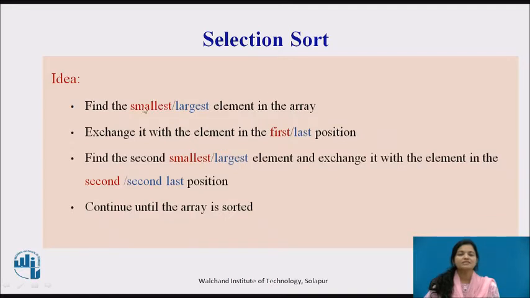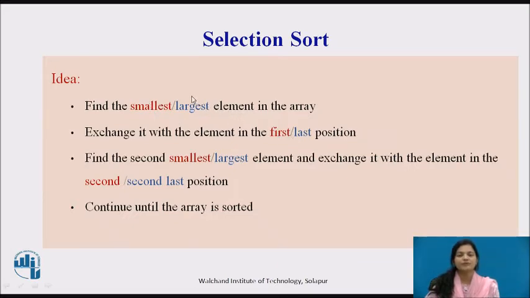Now in selection sort, we find the smallest or largest; we can do it in both cases. Find the smallest or largest element in the array, then exchange it with the element in the first position. If we are finding the smallest number, we exchange it with the first position.